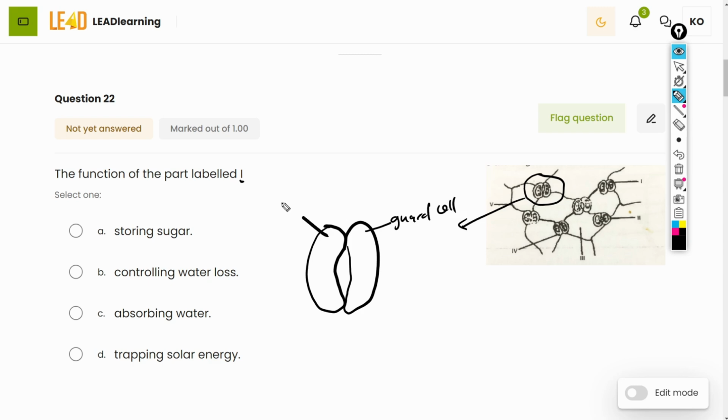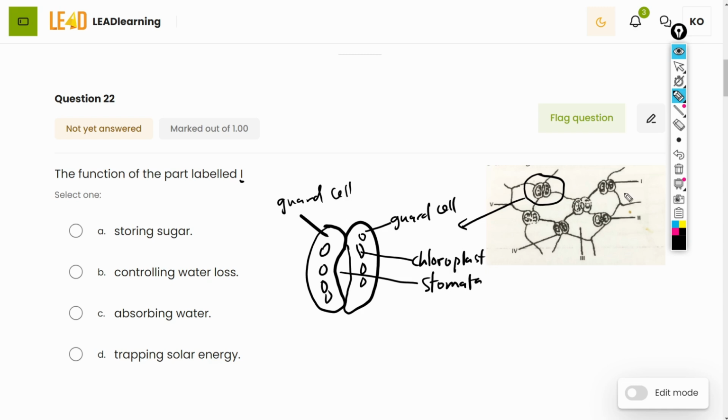Of course, this is another guard cell. And inside the opening there is the stomata. Then inside the guard cells are chloroplasts, which are structures for trapping or absorbing solar energy.